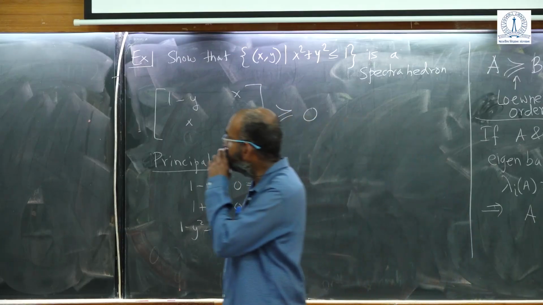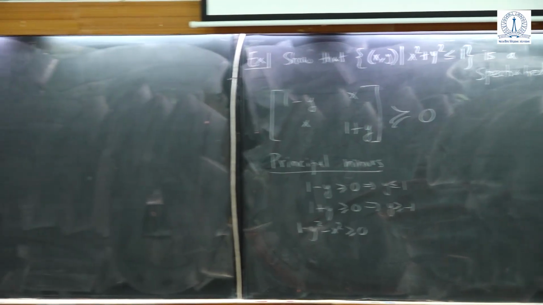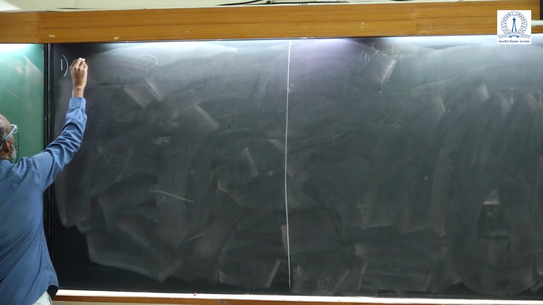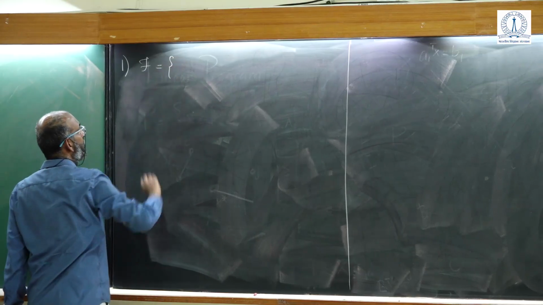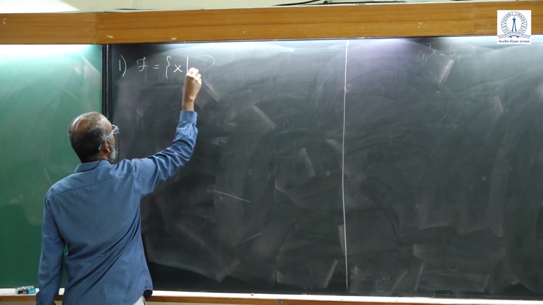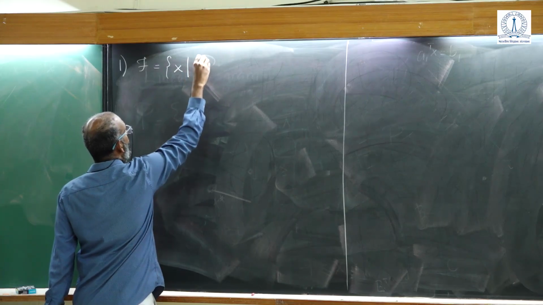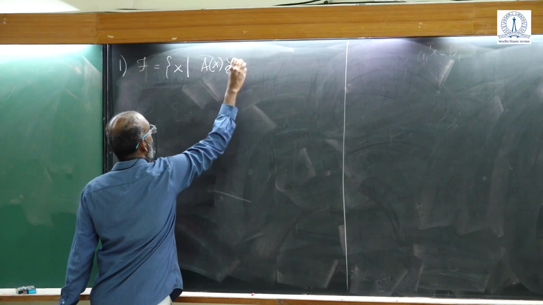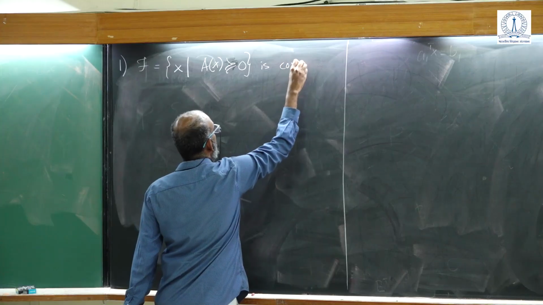So we want to argue, problem 1, that F, which is the set of x such that this LMI is non-negative, that A of x is convex.